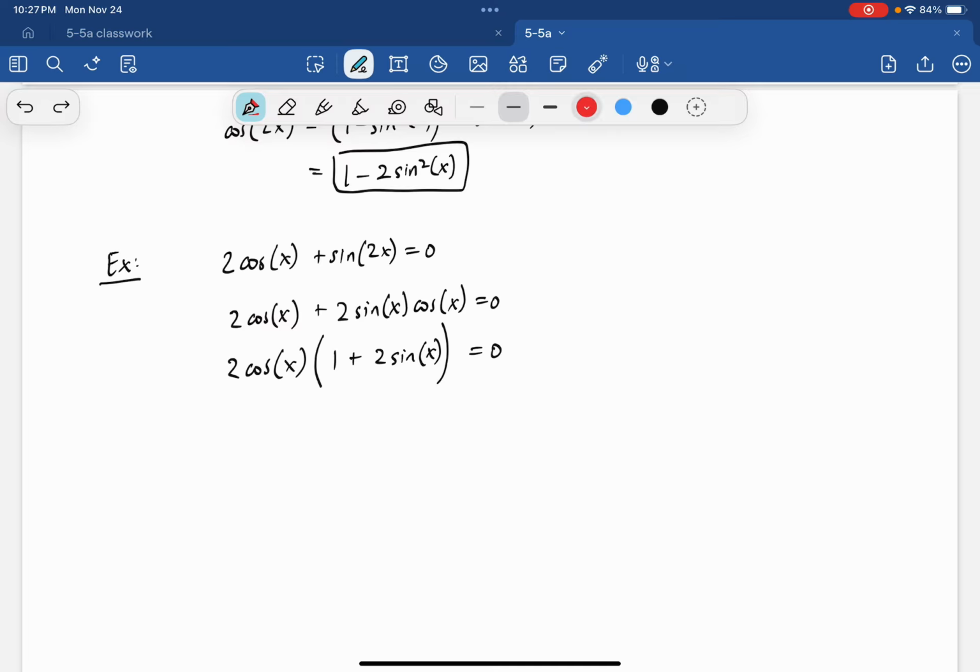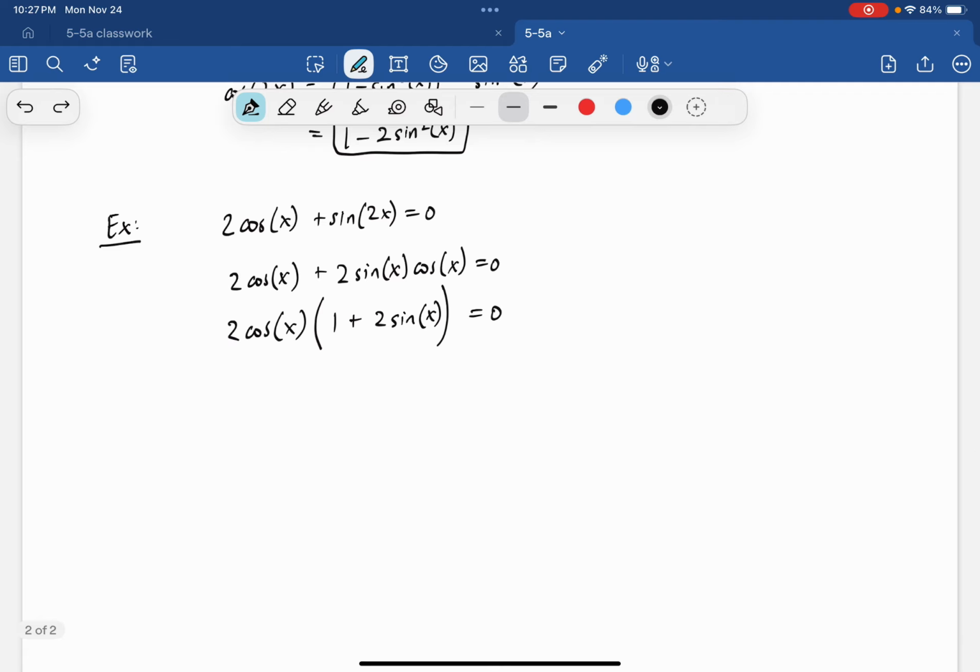Okay, now because I have two different factors that are being multiplied together to equal 0, that tells me that at least one of them has to be 0. All right, and so I can split it into two cases. My first case is that 2 cosine x equals 0. In my second case here is that 1 plus 2 sine x equals 0.